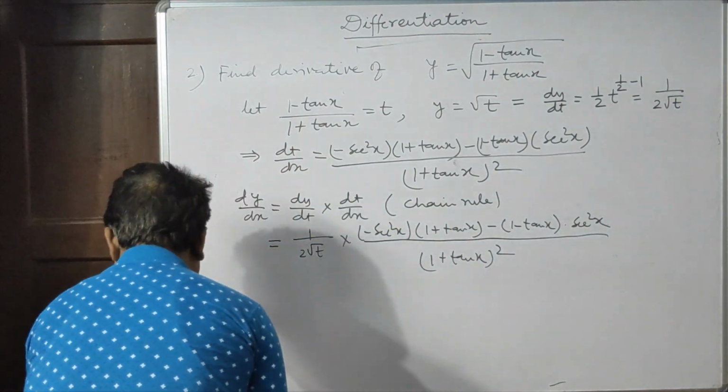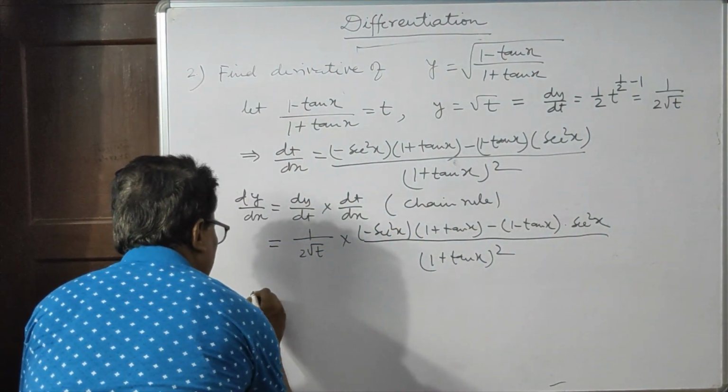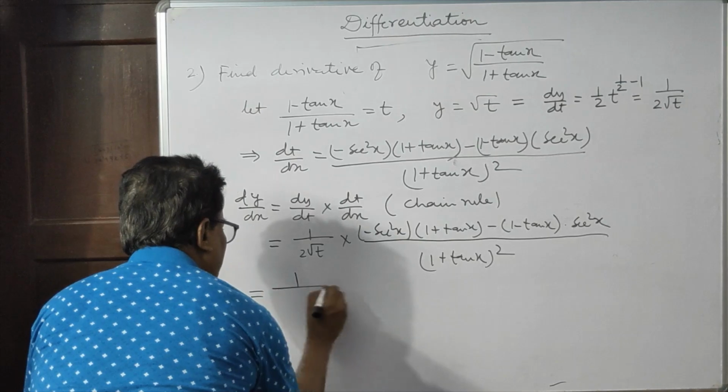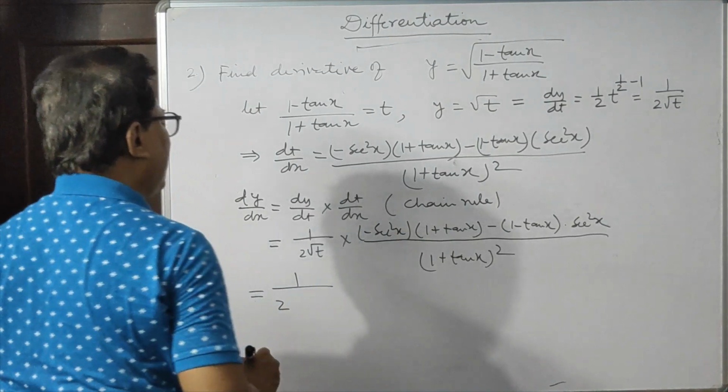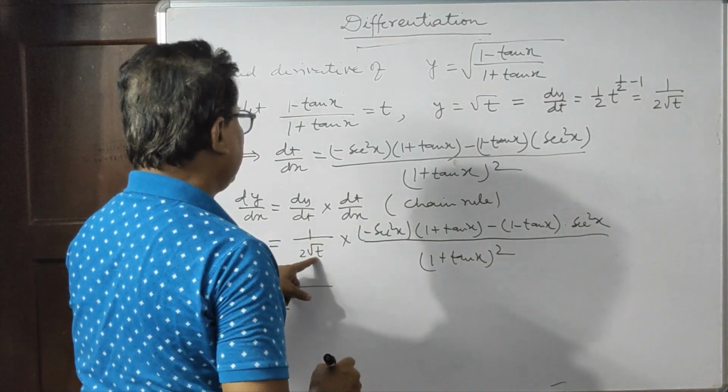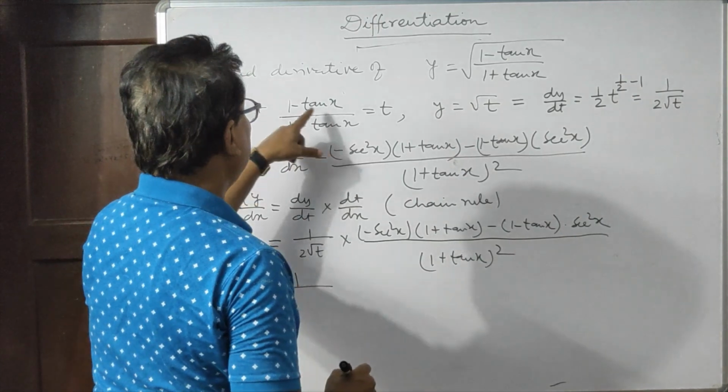This will be given by 1 by 2 root over t, and t is this much.